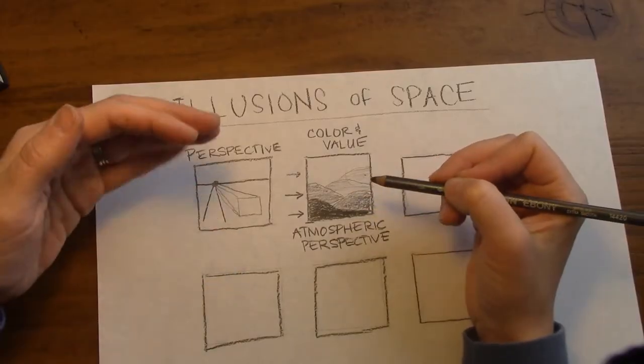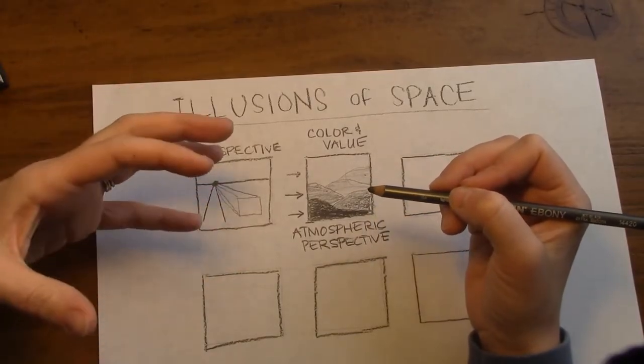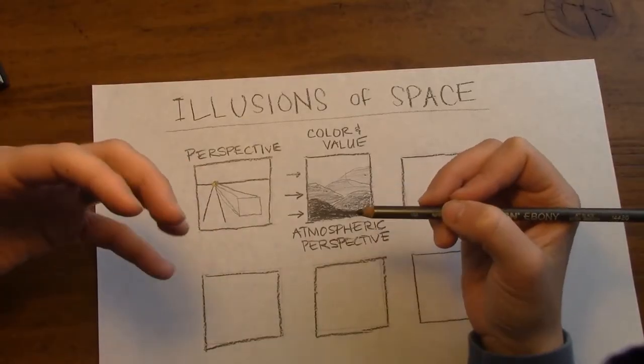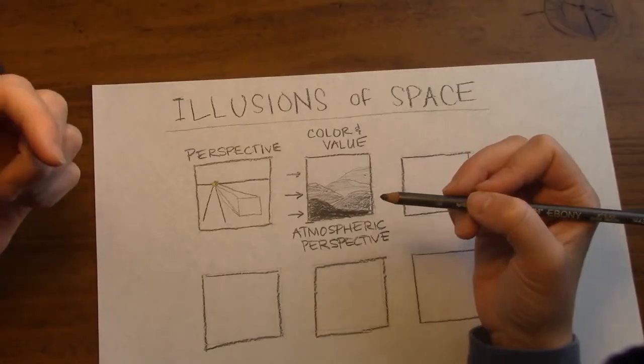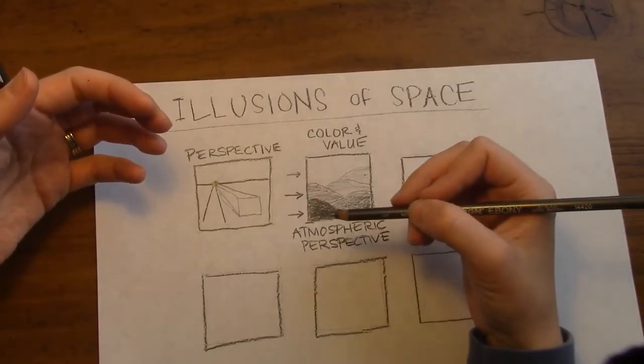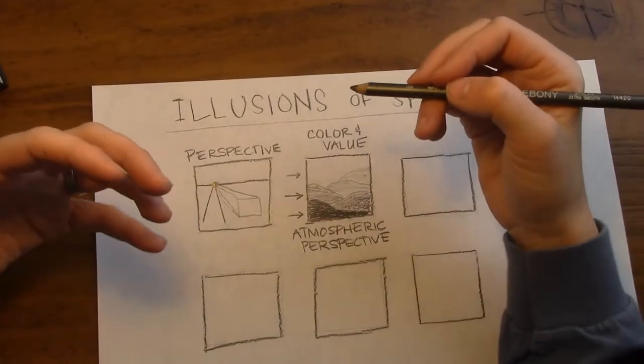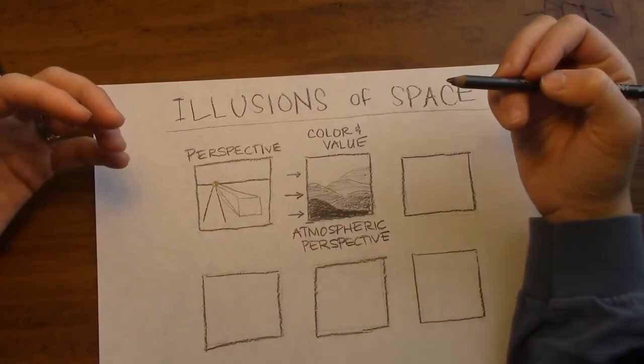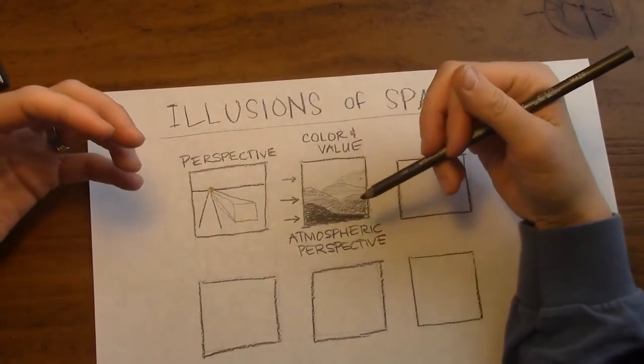So it creates a much paler look to the objects, and they also get kind of a bluish haze to them. But all you guys need to know for right now is the idea that as things go back into distance, they get paler or lighter in value and color. So that's, you know, what would technically happen.